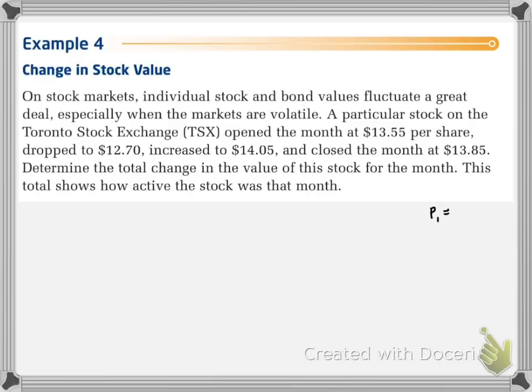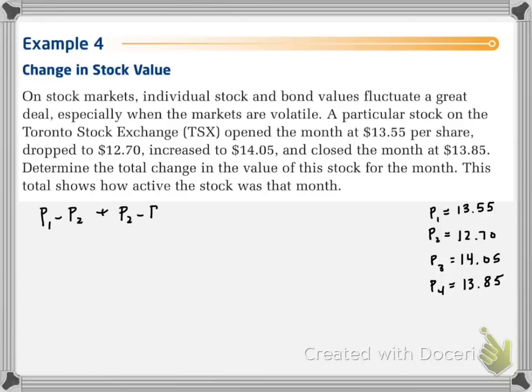So what we're going to do is I'm going to take my 4 prices that they're listed, P1, P2, P3, and P4. Now to find the differences, I'm going to go P1 minus P2 plus P2 minus P3 plus P3 minus P4. But I'm also going to do something else. I'm going to put absolute value signs around all of those so that I get a positive change for all of them.